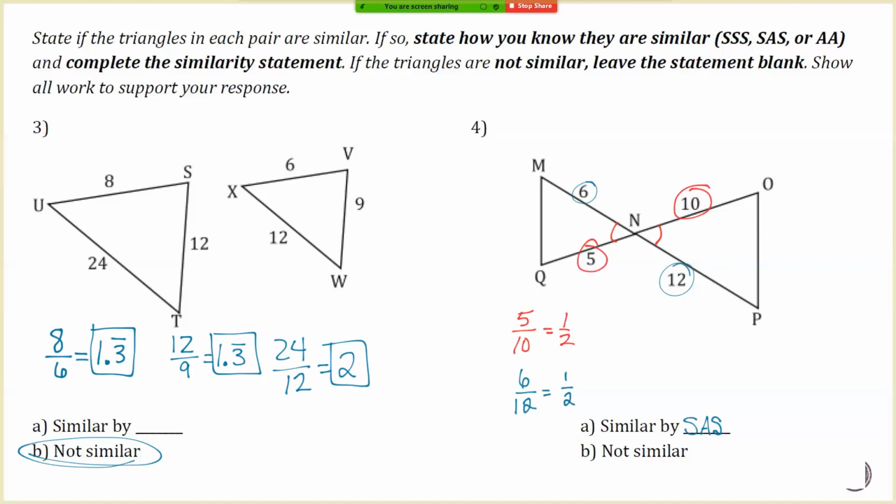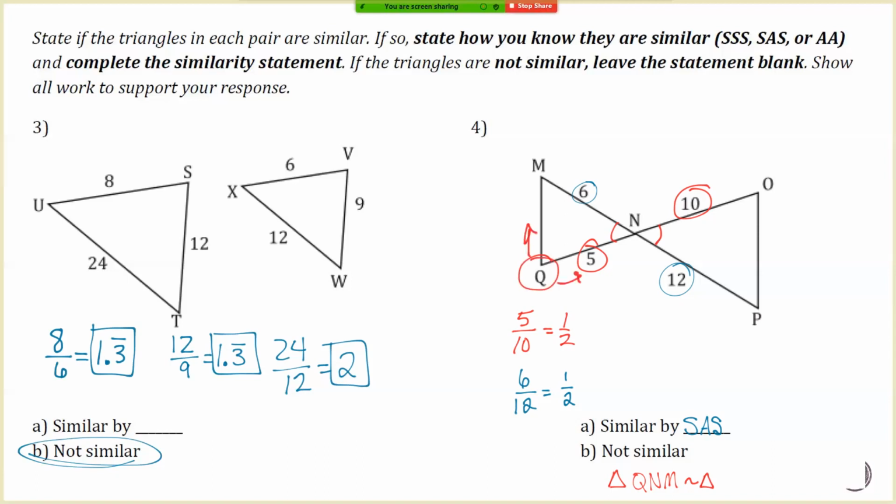So since we've proven these similar, we have to write our similarity statement. I'm just going to go down here to the bottom. I'm going to say triangle QNM is similar to triangle what? So Q was located between the unknown side and the shortest side.